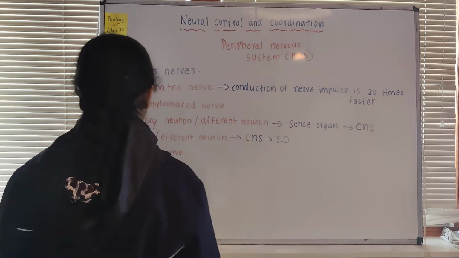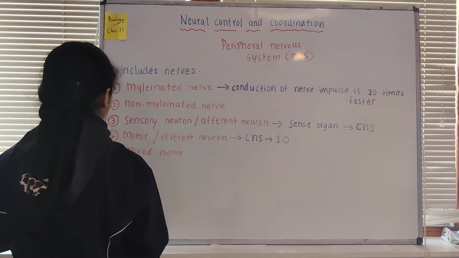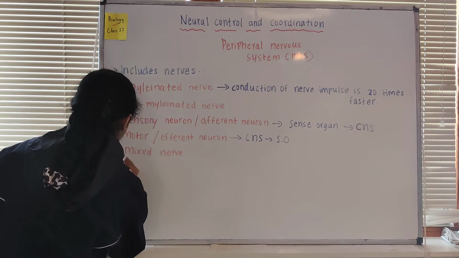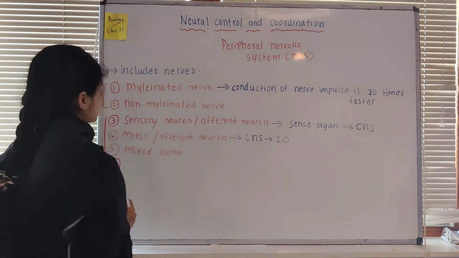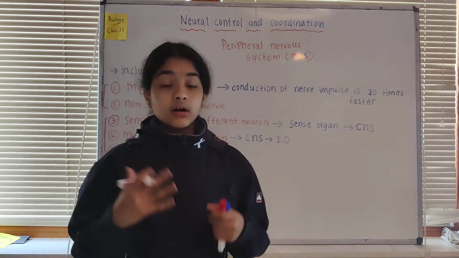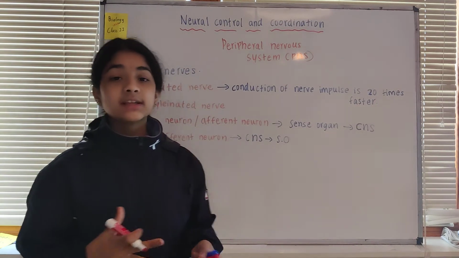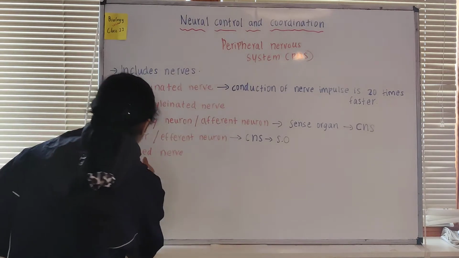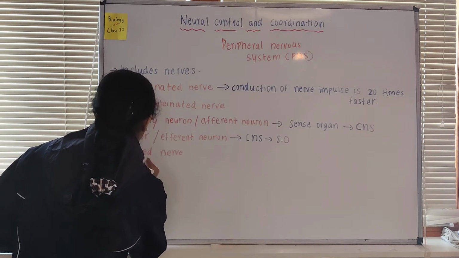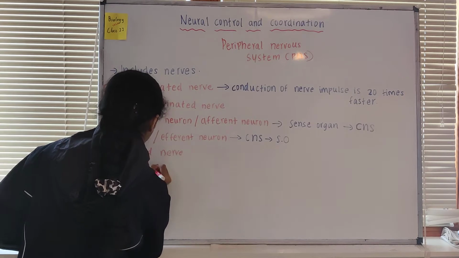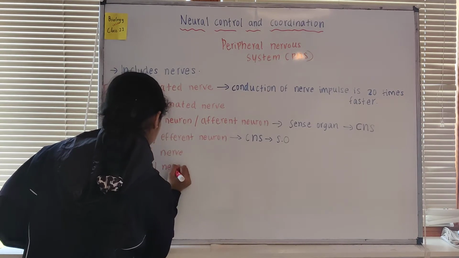The next basis on which we can classify nerves is what they are coming out of, that is, their origin. The first one is called cranial nerves.